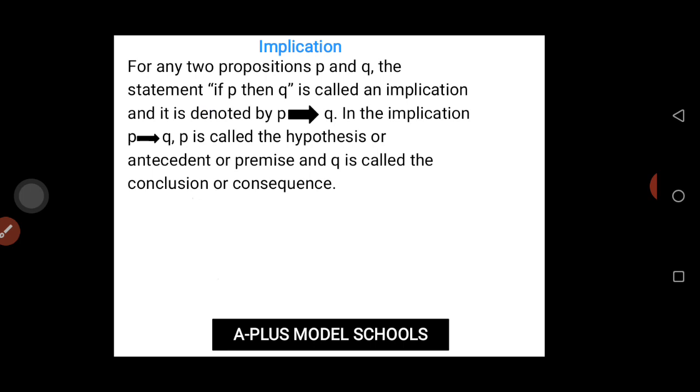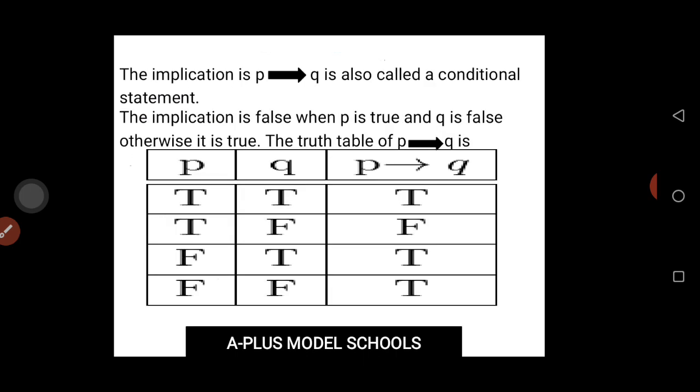So for this rule under implication, we shall look at the table now. The implication if P then Q is also called a conditional statement. So it means the implication statement can also be called a conditional statement.